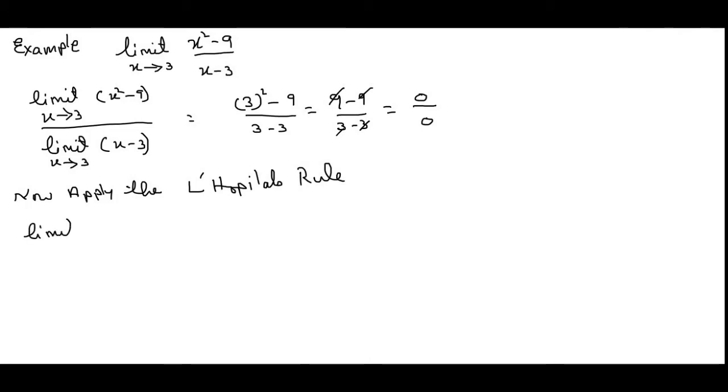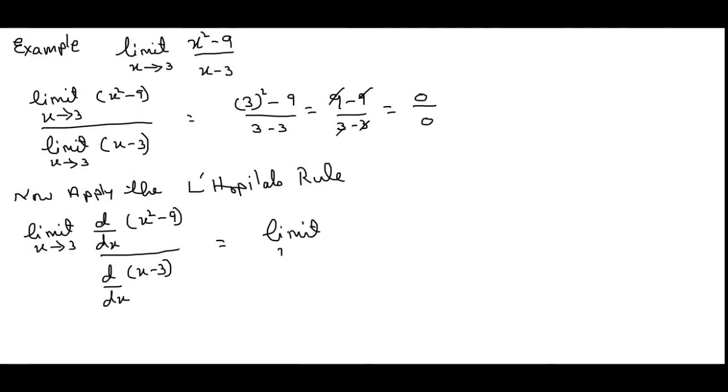Limit x approaches to 3, d by dx of x square minus 9 whole divided by d by dx of x minus 3. So limit x approaches to 3, we have 2x minus 0 whole divided by 1 minus 0.